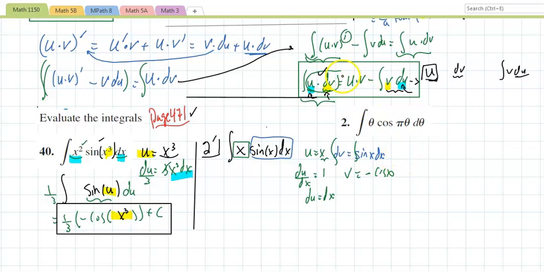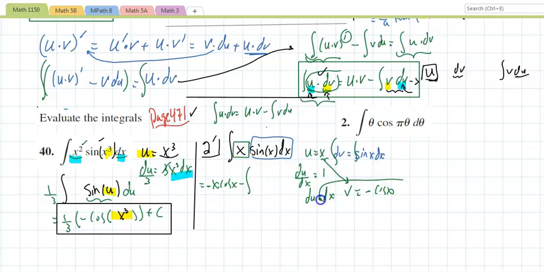So, according to this formula, I'm going to write it again. The integral of u dv is going to be u times v minus the integral of v du. So this is going to equal u times v minus the integral of v du.